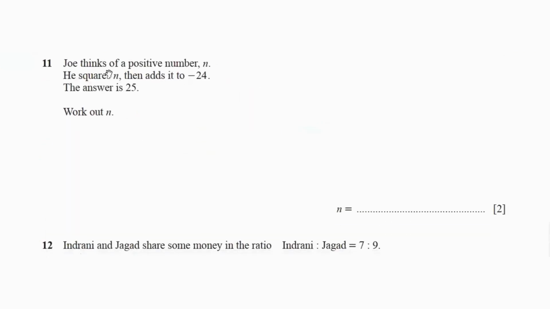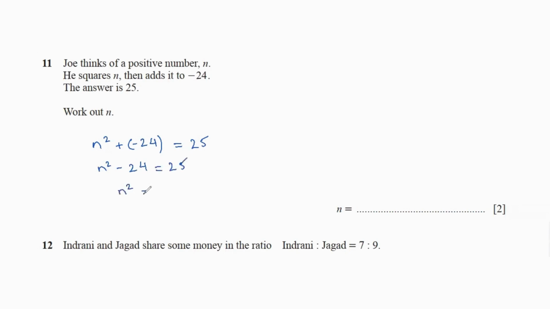Question 11 says, Joe thinks of a number, a positive number n. He squares n and then adds negative 24 to it. And the result is 25. So we have this equation, n square minus 24 equals to 25.